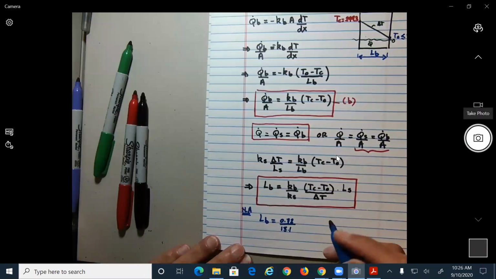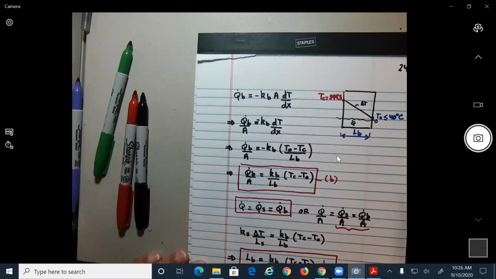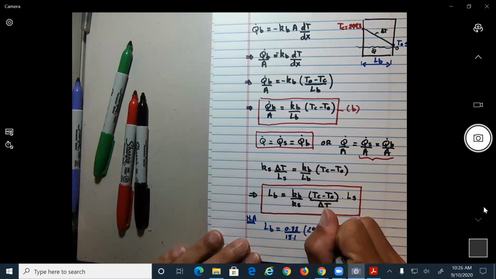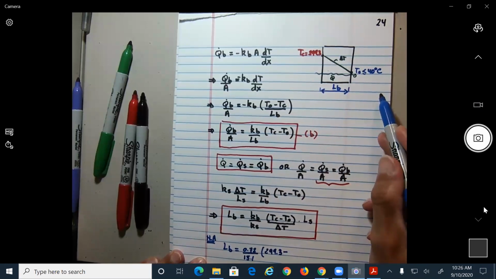Okay, now T contact was which one? Was the temperature of the contact where the steel and the brick are in contact. So we said that was 299.3 minus the minimum temperature on the outside, which is 40.